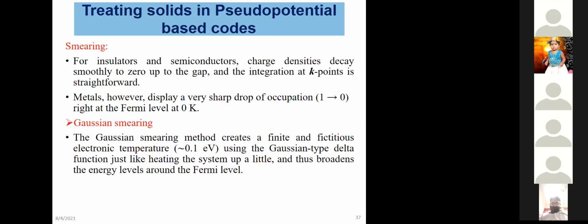Okay, so as you see, in insulators and semiconductors, the density of the electrons decays to zero smoothly, in our k space. But for metals at 0 Kelvin, you have electrons filled in all the orbitals, but at the Fermi level the electron density suddenly decreases to zero.